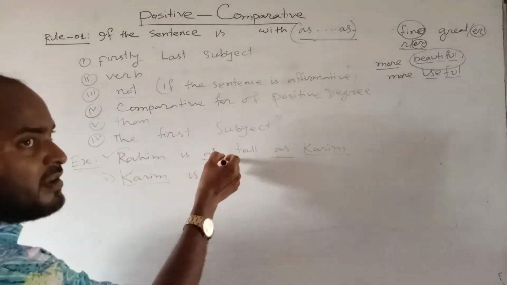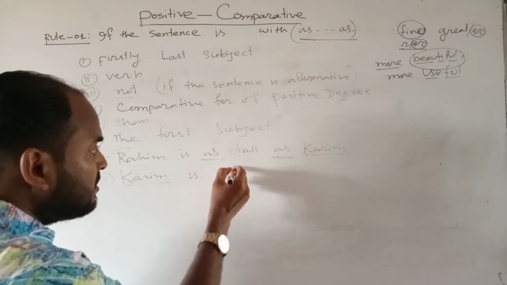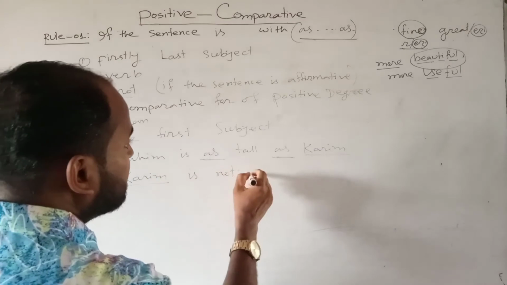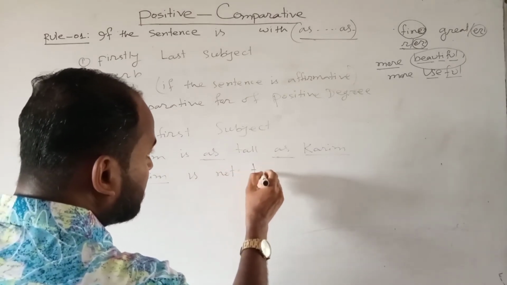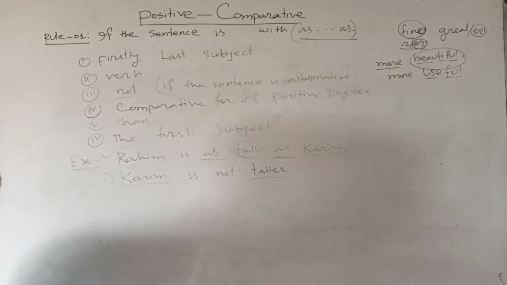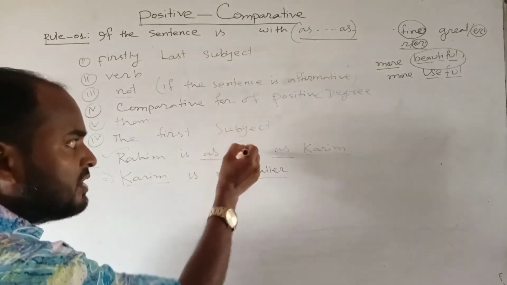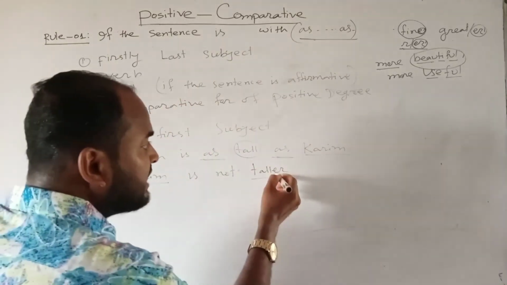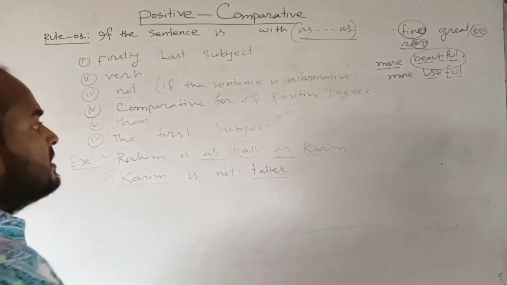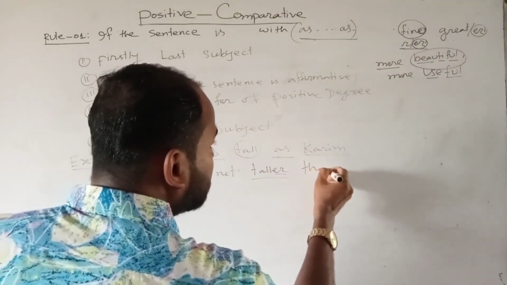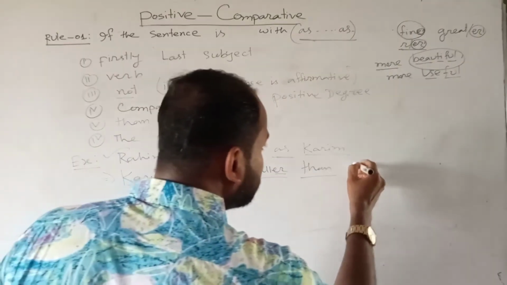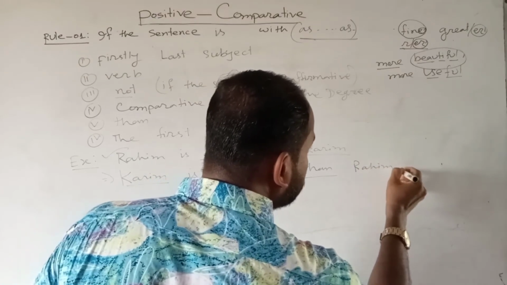This sentence is affirmative, so we have to write "not." Karim is not. Then the comparative form, tall. The adjective is monosyllable, that means one syllable, so we write "r" or "er" at the end: taller. After that, we write "than," and lastly the first subject, Rohim.